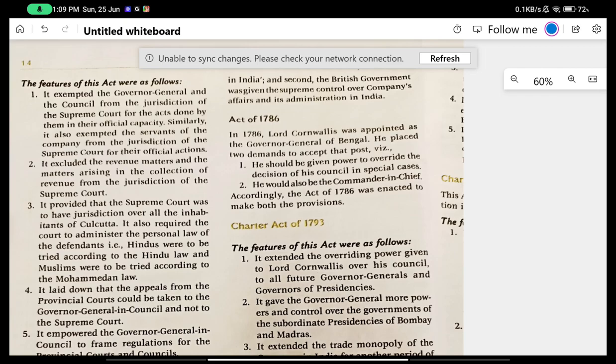Fourth point: the commander-in-chief is not to be a member of the Governor General's Council unless so appointed. So this act extended the veto power to all the future Governor Generals of Bengal, but not the commander-in-chief post, right? The commander-in-chief has to be some separate person, and he cannot be the same person who is also a council member of the Governor General of Bengal.